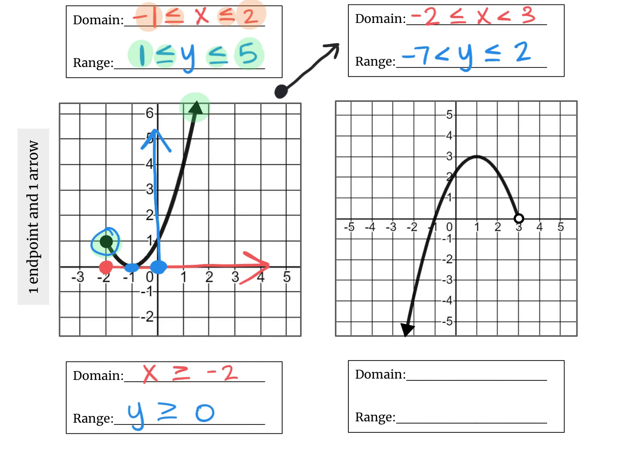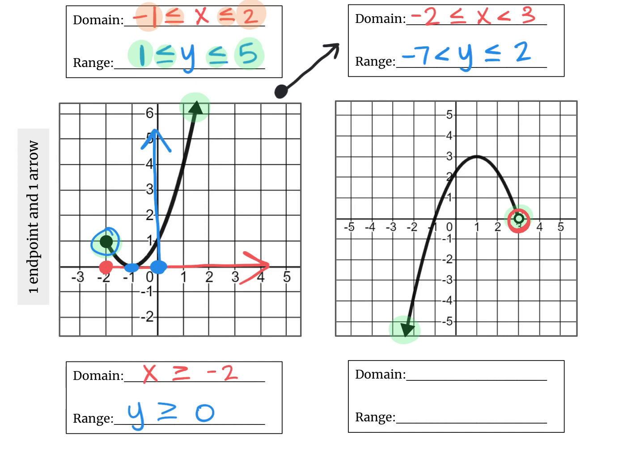All right, so then let's look at the next one. For the domain, you can always start with that endpoint, because again, notice we have an endpoint here and an arrow here. So the endpoint starts at +3, and then it's not going to the right this time.